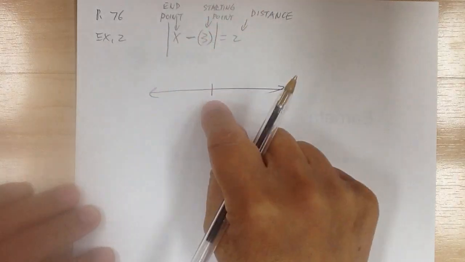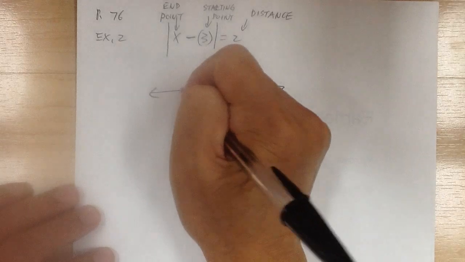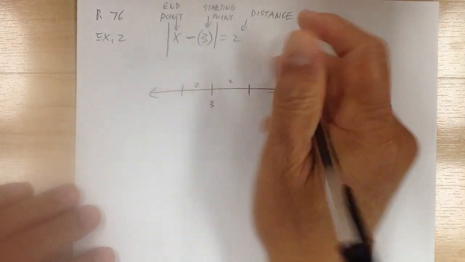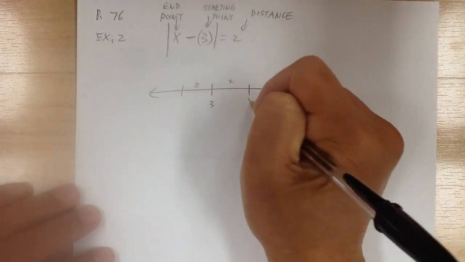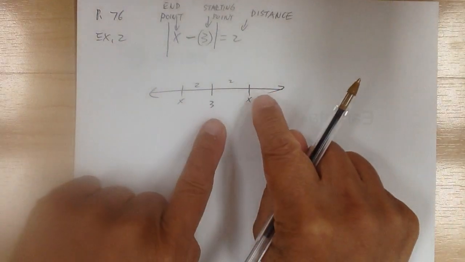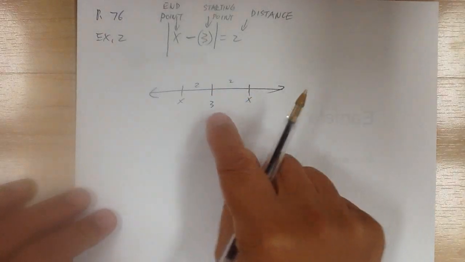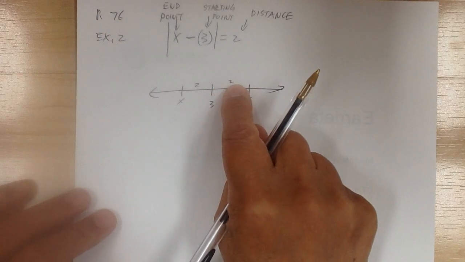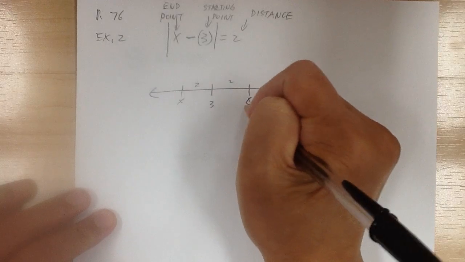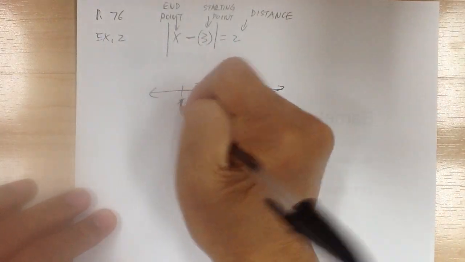So it's 3, and then the distance is 2. Here's your x and here x. The difference between the end point and the starting point is 2. That's your distance. So if this is 3 and this is 2, then this would be equal to 5. If this is 3 and you're going 2 this way, this would be 1.